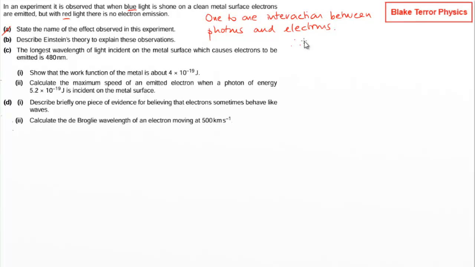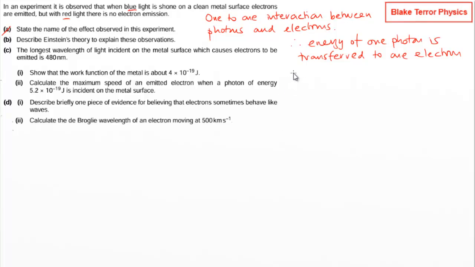This is telling us, so therefore, the energy of one photon is transferred to one electron. That was one of the big breakthroughs, wasn't it, in the photoelectric effect, getting this particle nature of light. So the energy of one photon is transferred to one electron. So that's an opening statement that we've got.